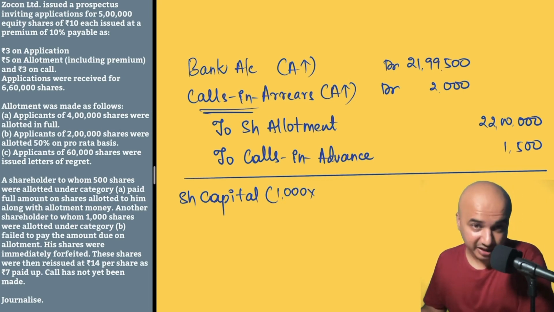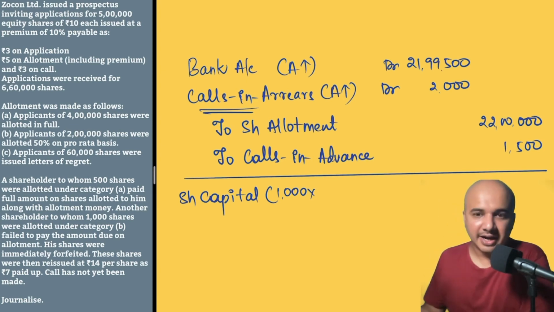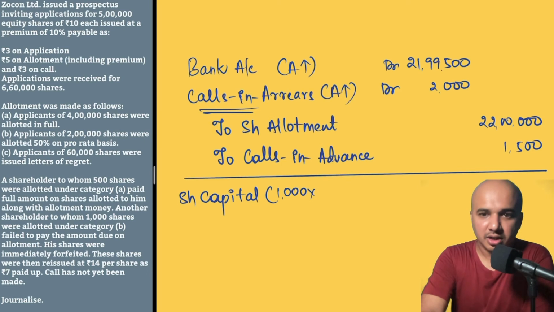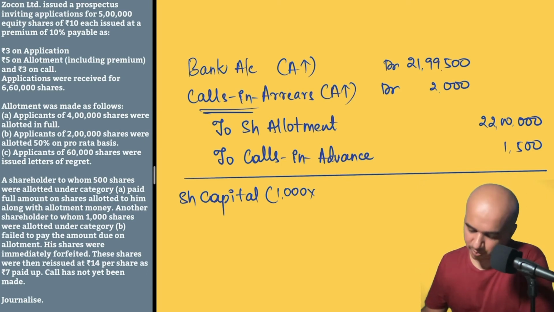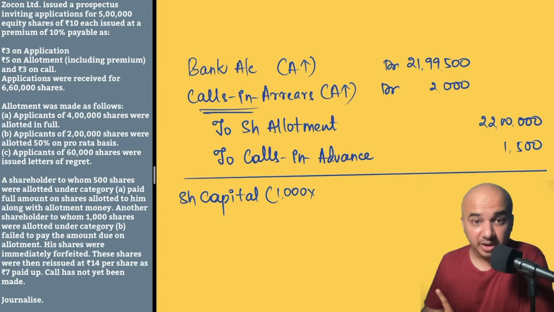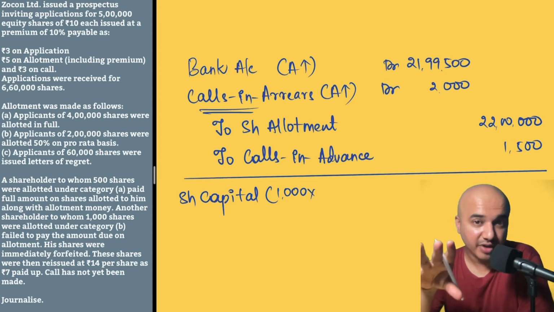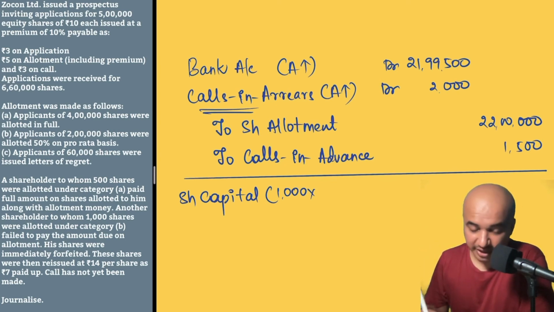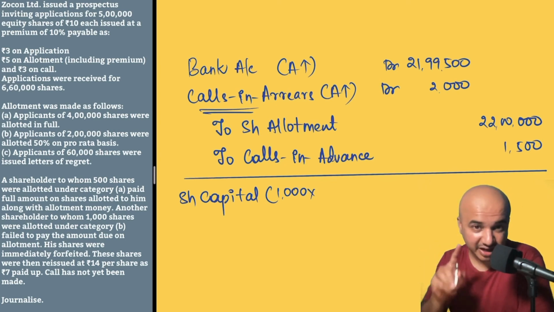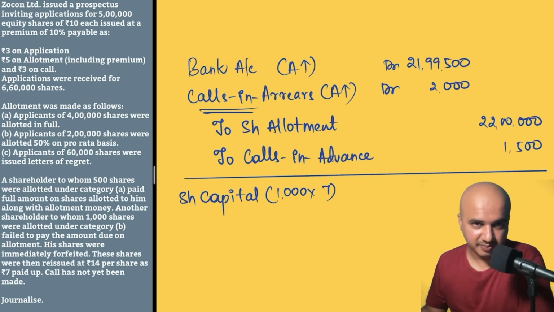1,000 into 3 plus application and allotment. So we had called upon the person to pay both the application money as well as the allotment money. So 3 plus 5, but here we have to be careful because in this case 3 plus 5 is not the actual share value, it also includes premium. So in case of share capital, only 3 plus 4 will be considered, that is 7 rupees.